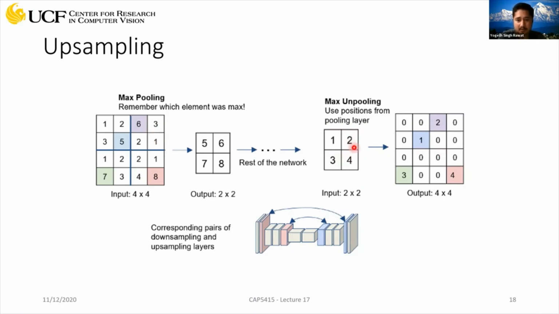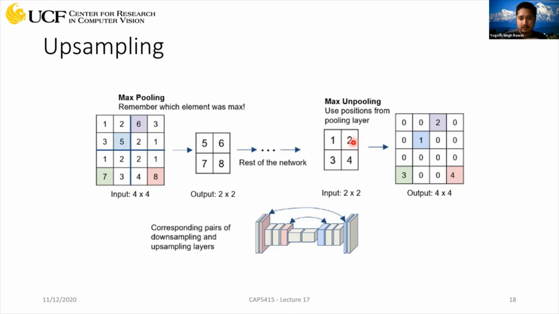Let's see how we can do that. You have to replicate 1 four times, but the location where you will propagate this value will be based on where exactly you picked the max pool number while doing max pooling. This 5 was picked from this location, and therefore this 1, when you upsample, will go into that location. You can see the same location, and the rest you will just put 0.